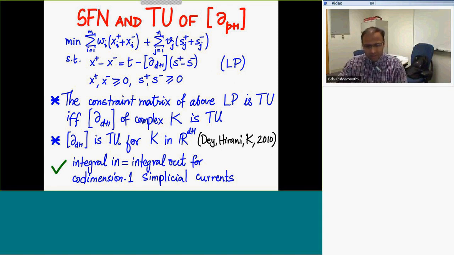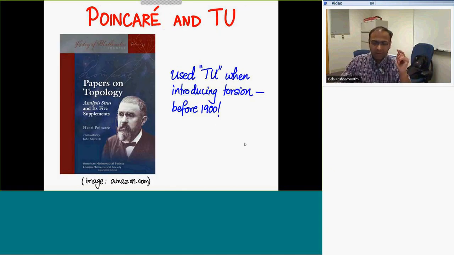But before this total unimodularity connection, the father of algebraic topology was talking about results of very similar flavor to total unimodularity, in 1899. The English translation of his papers came out in 2010, and after our results on unimodularity of simplicial complex boundary matrices, I was looking at his work, and he defines when there is torsion or not in a simplicial complex in the homology group.